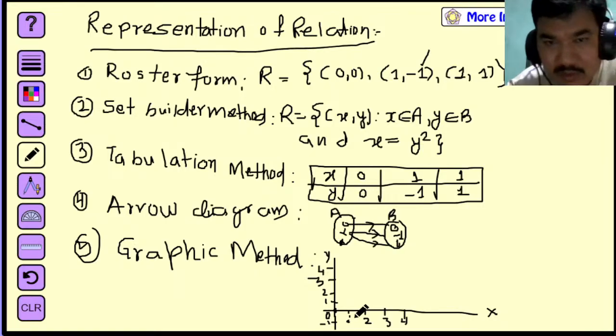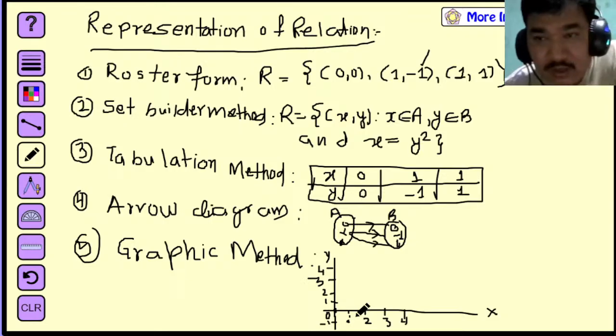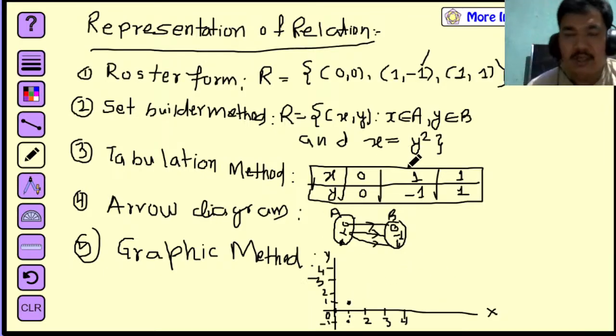And the next one is 1 comma 1. This is one run and one rise. This is 1 comma 1. Like this we show the relation in a graph also, which is known as the graphical method.